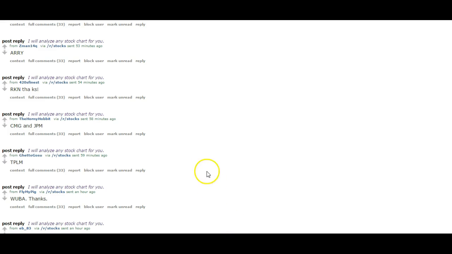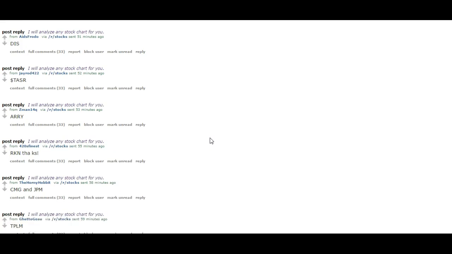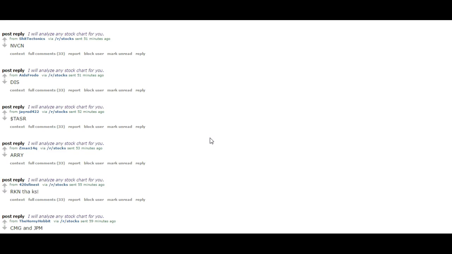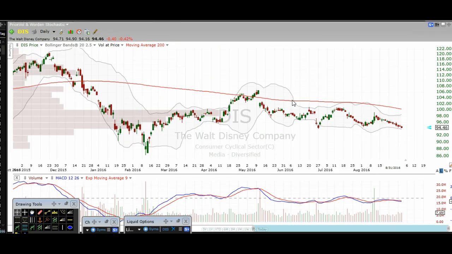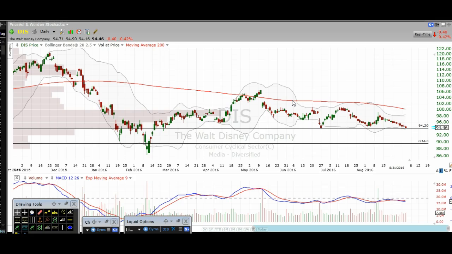I'm going to do a couple more. All right, let's go with Disney. And Disney, we're right at a support. You can see we bounced from it right here, as well as right here.